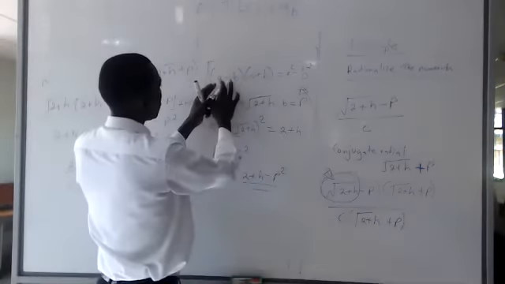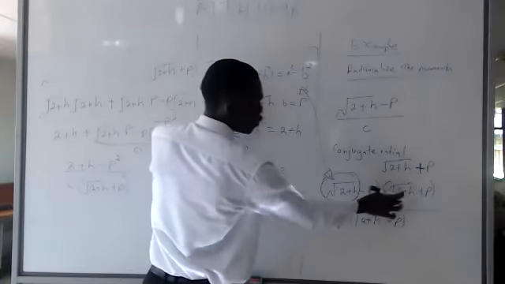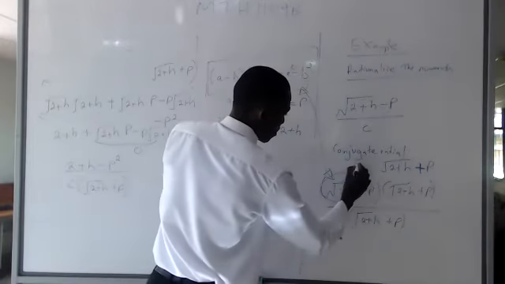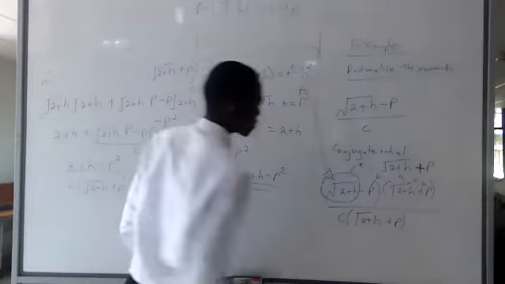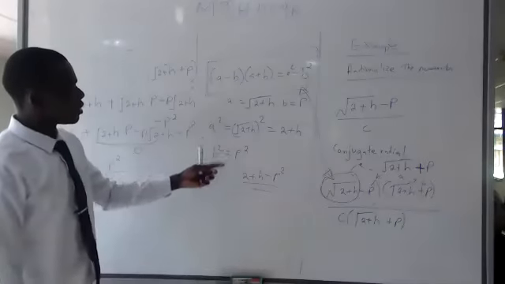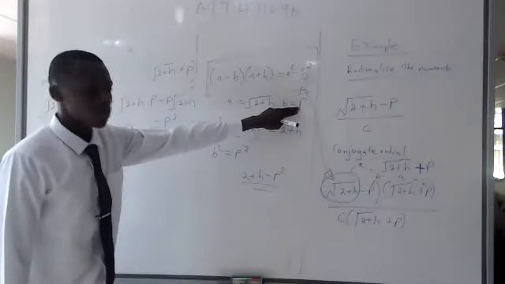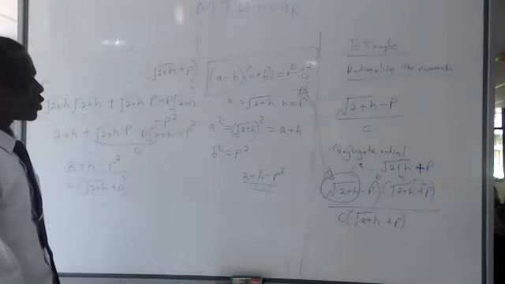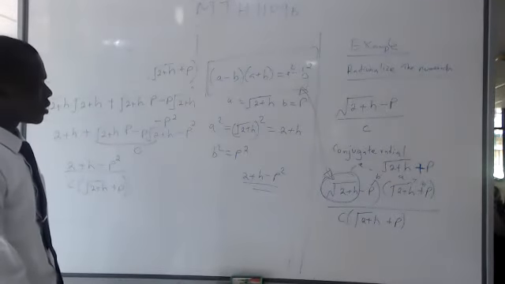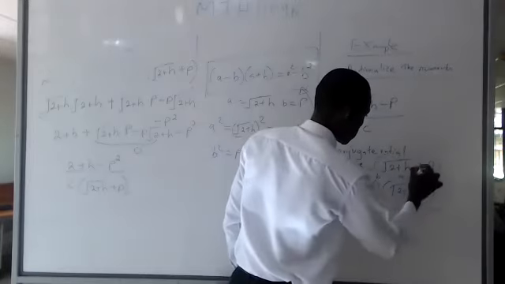Where you have a minus b, I have here root 2 plus h minus p. And where I have a plus b, I have root 2 plus h plus p. So this is my a, this is my b. As you can see, your b is negative p. My b is positive p. But from the question, okay then. From which question? From down here, before you wrote the conjugate radical, it's 2 plus h minus p. Yes, the conjugate radical is root 2 plus h plus p. This is plus.